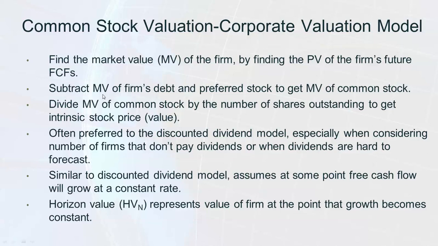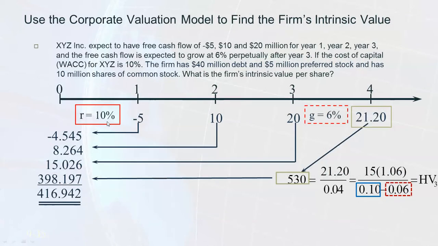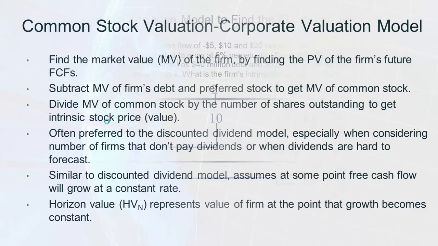Once you find the total value, take out debt and preferred stock, so you can get the market value of common stock. When you divide the market value of common stock by the number of shares, you get the intrinsic value of the stock price.